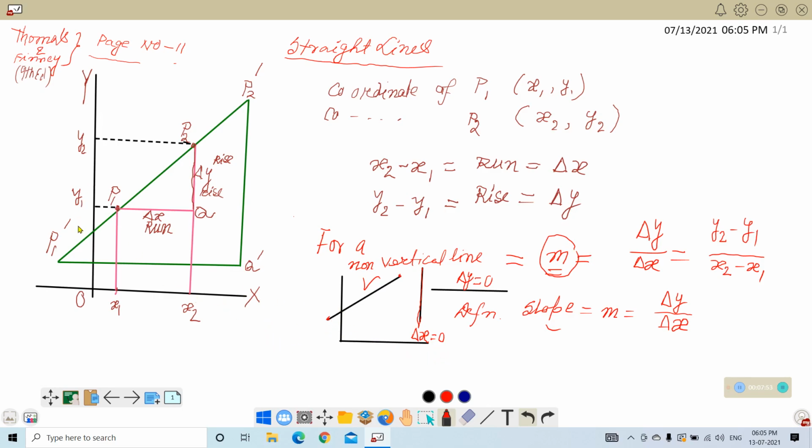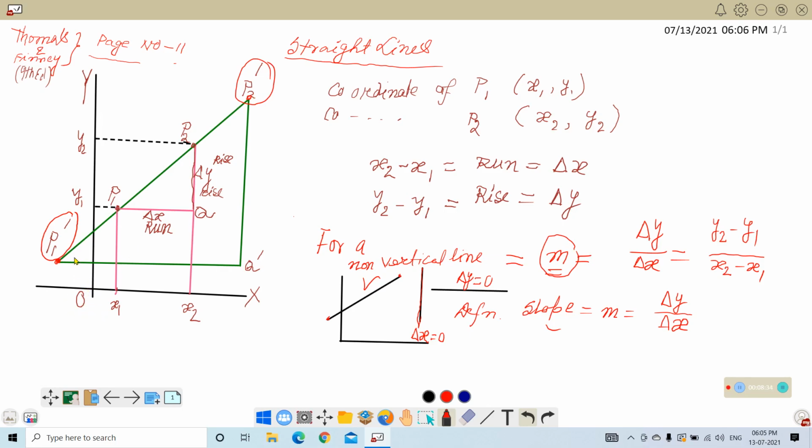Now there are two other points, P1 prime and P2 prime, on the same straight line. If we take the segment from P1 to P2, that is the line segment P1 P2, and from P1 prime to P2 prime, those are segments of the same line.